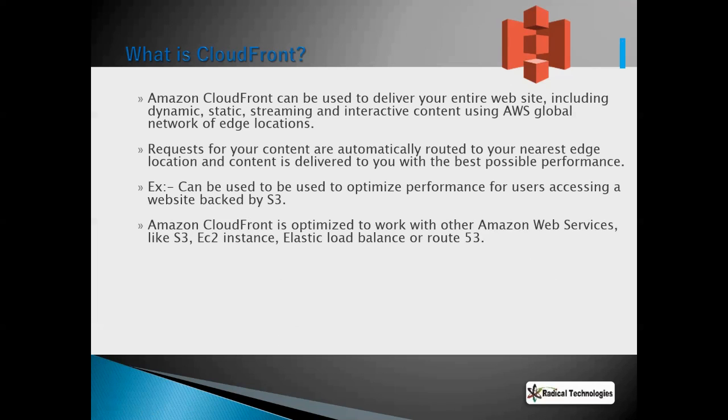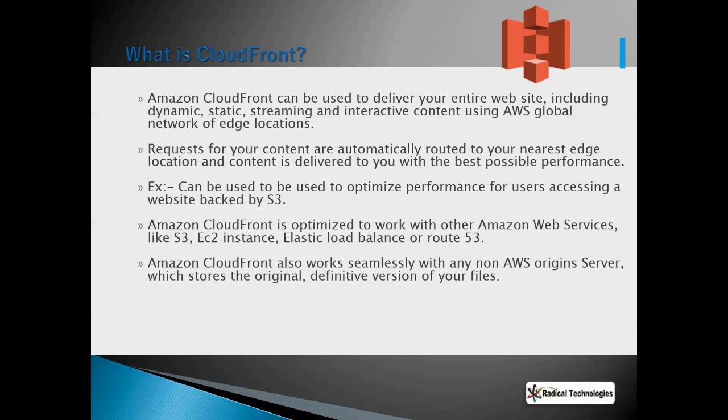So what type of services does CloudFront provide? CloudFront is optimized to work with other web services like S3, EC2, Elastic Load Balancer, or Route 53. These are the services supported by CloudFront. CloudFront also works seamlessly with non-AWS origin servers. It is not necessary that only services provided by Amazon are supported by CloudFront.